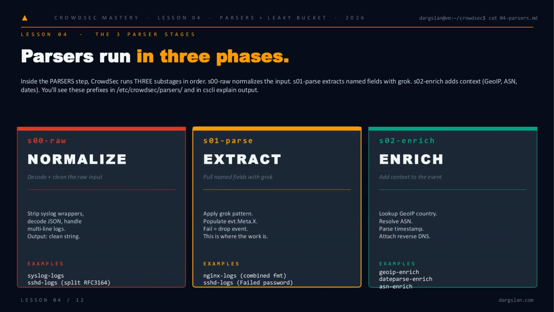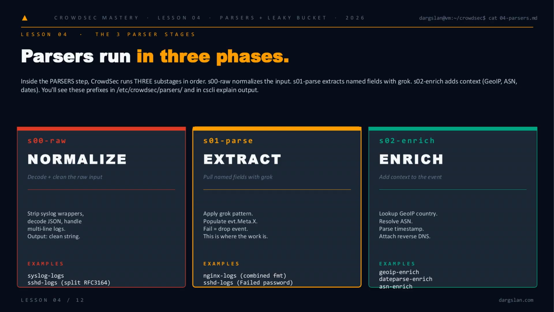Now zooming into stage 2, parsers themselves aren't monolithic. They run in 3 ordered substages, and you'll see these prefixes literally on disk under /etc/crowdsec/parsers. First, s00-raw normalizes. It strips syslog wrappers, decodes JSON, and stitches multi-line logs into one clean string.